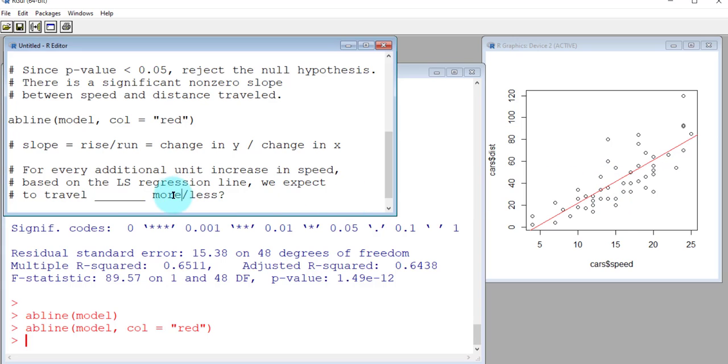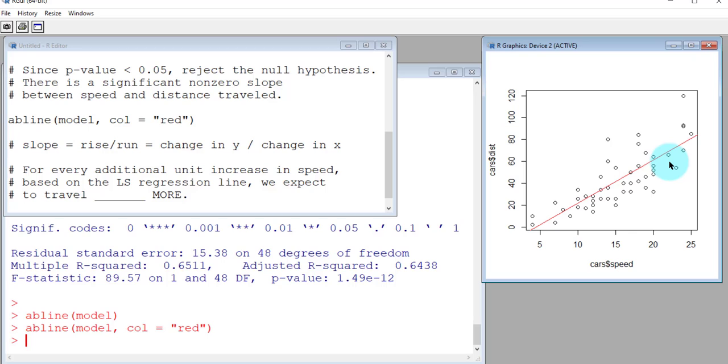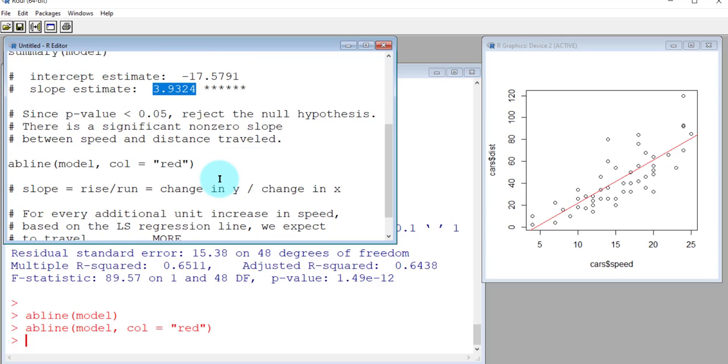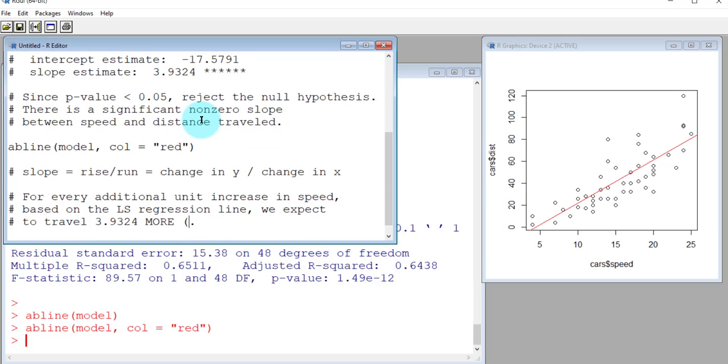So it's definitely more. And how much more? So those little triangles, for every 1 additional unit in speed, we would rise how much? Oh, well, wouldn't it be 3.93 additional units of distance?